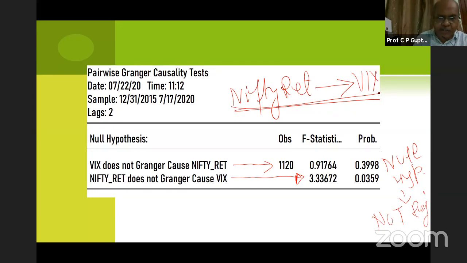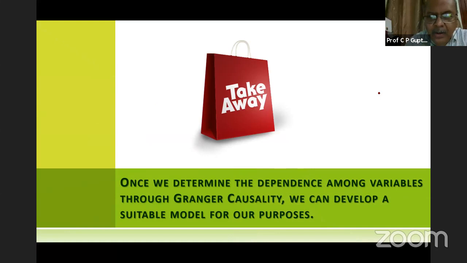Yes, Manoj, you are absolutely right. Thanks. So once we determine the dependence among the variables through Granger causality, we can develop a suitable model for our purposes. Granger causality tells the direction of relationship.